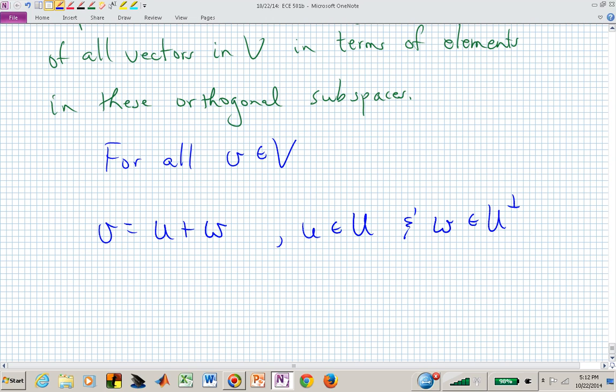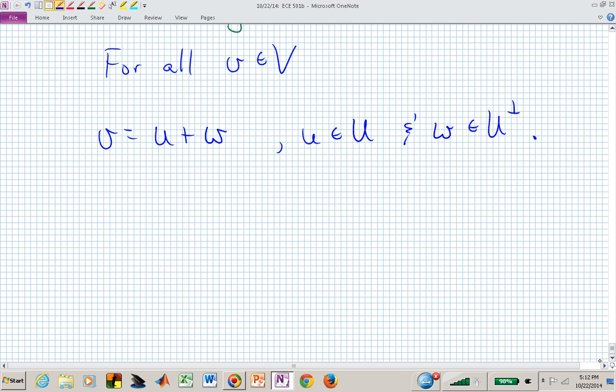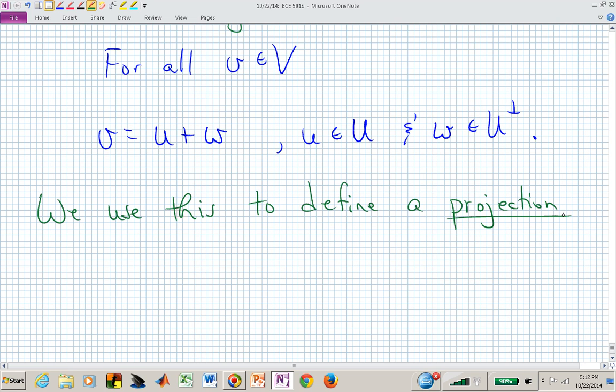And this now allows us to define an orthogonal projection, or I'm sorry, a projection operator. So we use this fact, this direct sum decomposition of a vector V, to define a projection operator.